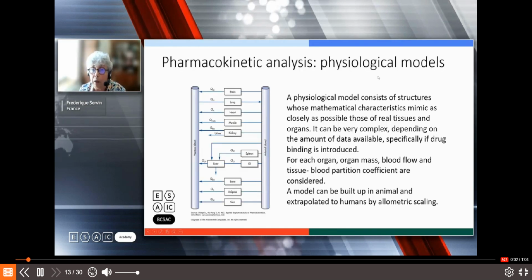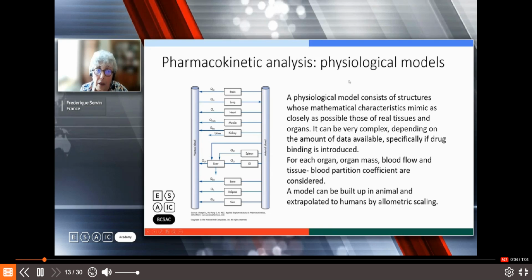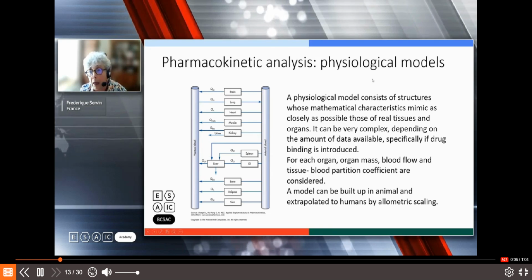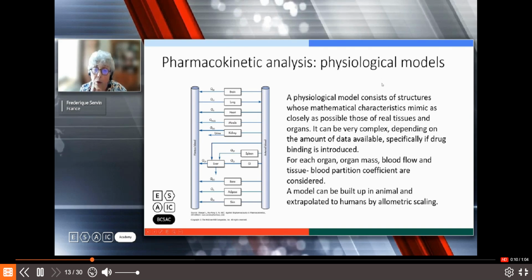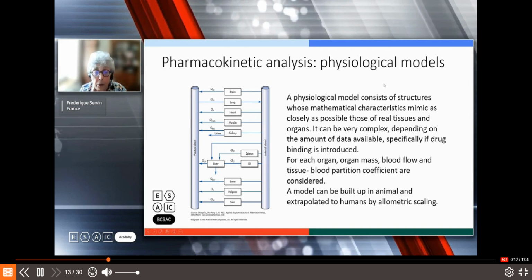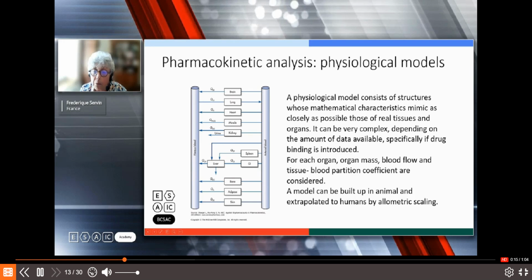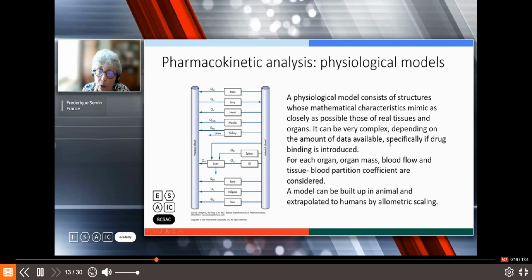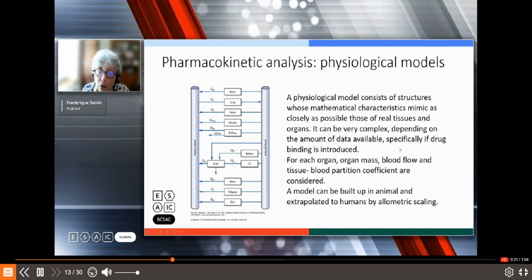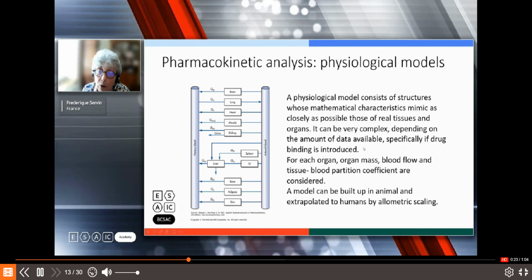There are other ways to do pharmacokinetic analysis. One of those is the physiological models. Those models can be very complex, especially if you have a great amount of data and you have data on the binding.